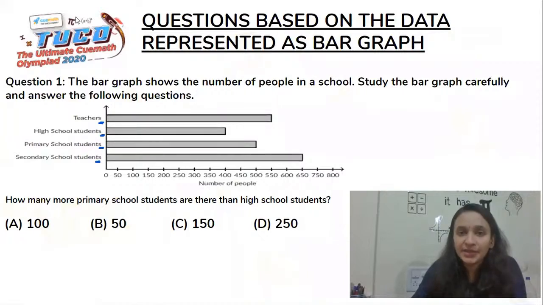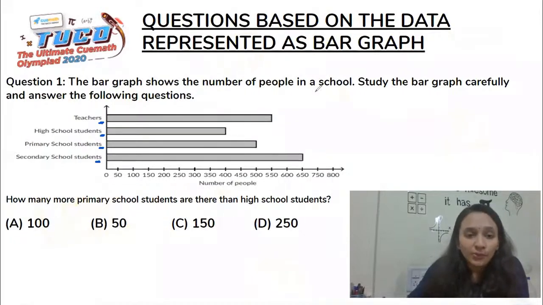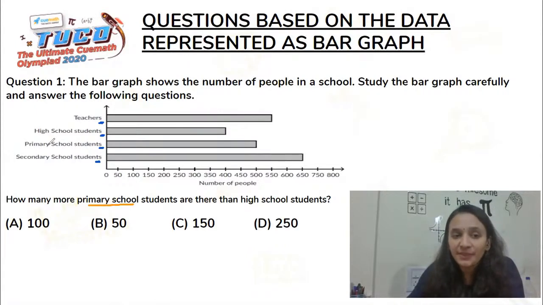The key thing is, we are first to find out the number of primary school students. So I would go to the bar which is primary school students. Where it ends, I would draw a perpendicular on the horizontal line where the number of people were represented, and it touches 500.